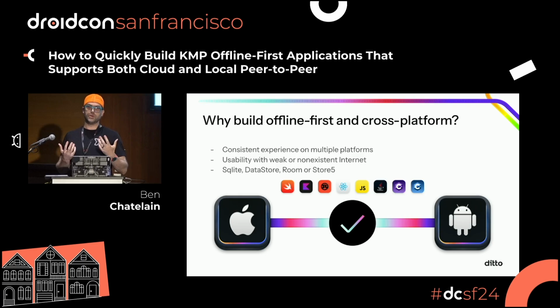But what if you could have some bit of networking even in those offline use cases? You want a consistent experience, both when you have network and without, and you want a consistent experience across multiple platforms.